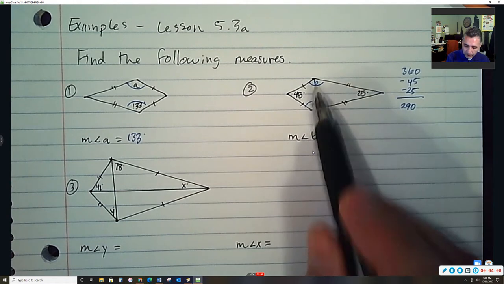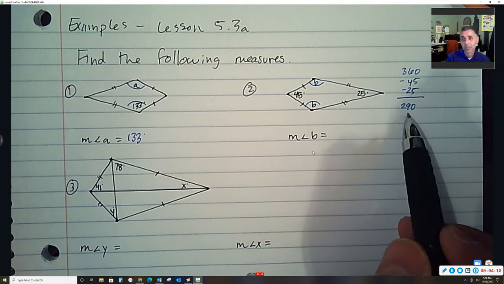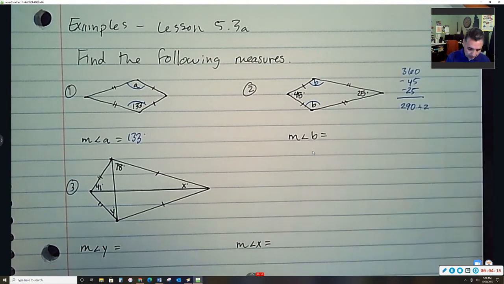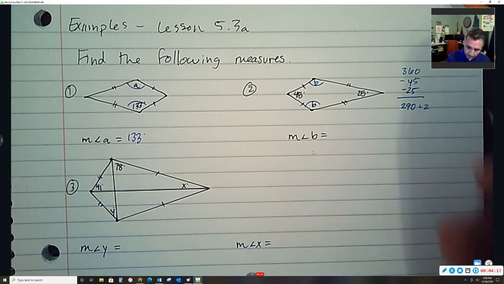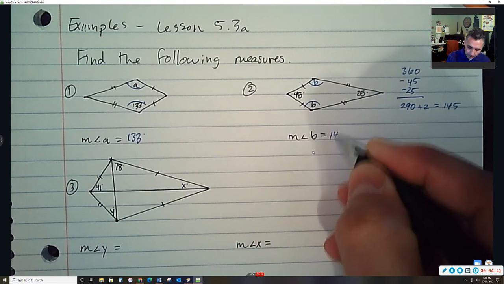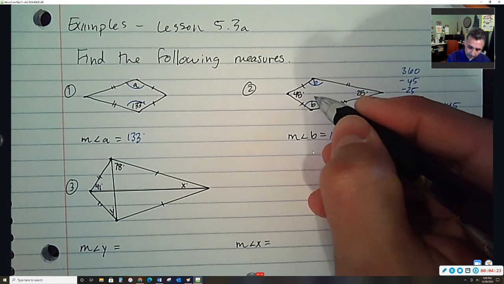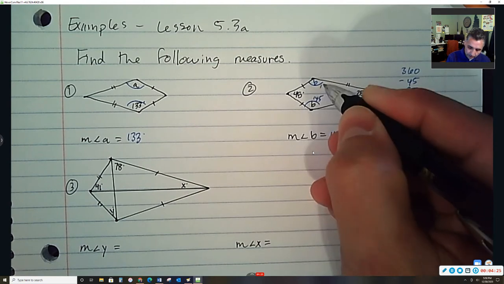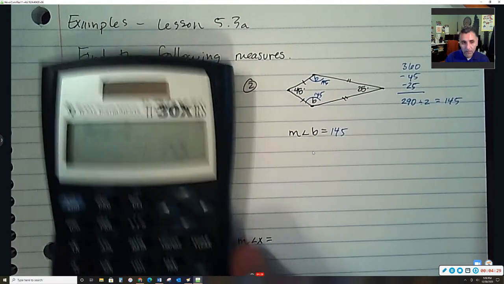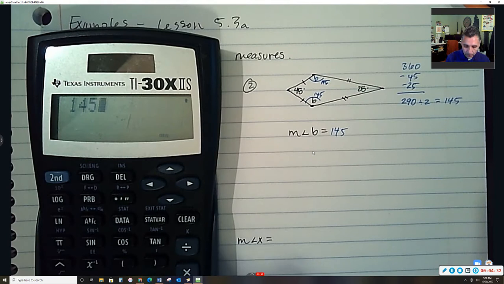Now these two have to equal 290, so to find what each of them equals, you divide by 2. 145. So I know B is 145, and actually this one is 145, and this one is 145. Okay, because if you look, watch, 145 plus 145 plus 45 plus 25, ta-da, 360.